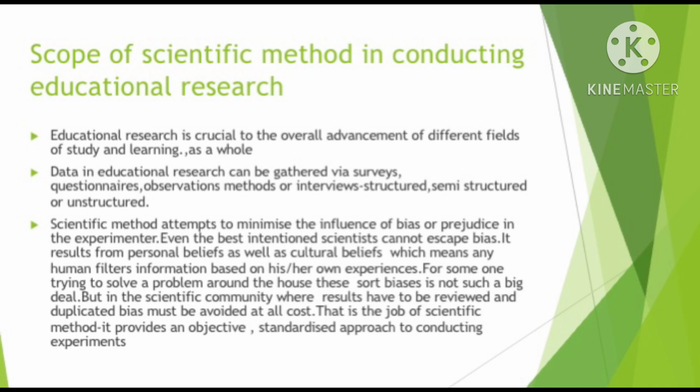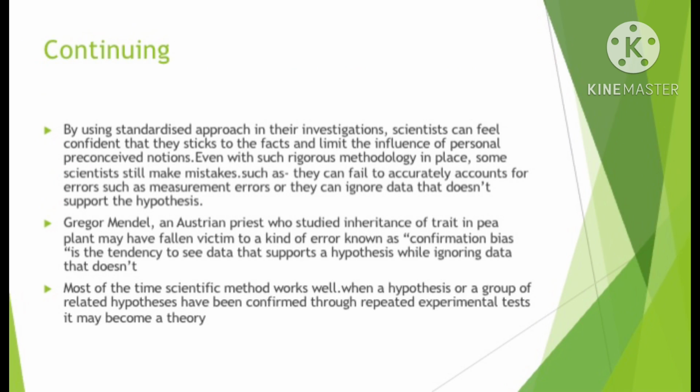But whenever we are solving our own problems, such type of bias will not affect. But in the scientific community where the results have to be reviewed and duplicated, this type of bias must be avoided at all cost. That is the job of the scientific method. It provides an objective, standardized approach to conducting the experiment. So in this way, the scientific method avoids bias.